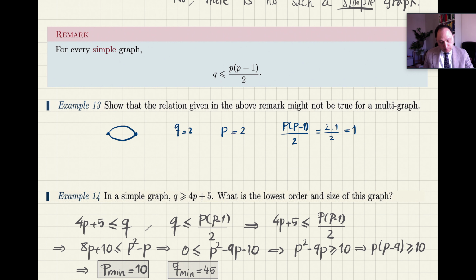If I have 10 vertices and I want to make q, the number of edges, minimum, but still have this equality, then 10 times 9 divided by 2 is 45. So I need to put 10 vertices and draw the full graph, which of course is called the complete graph of order 10.